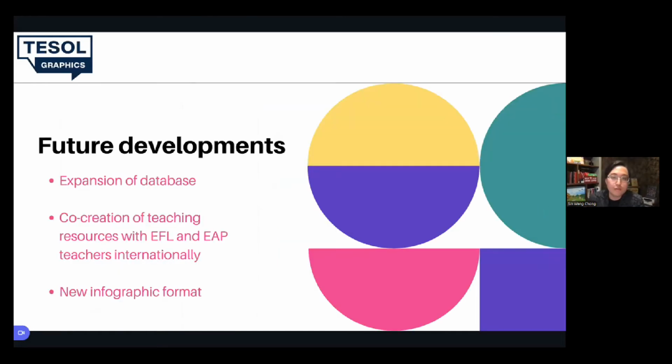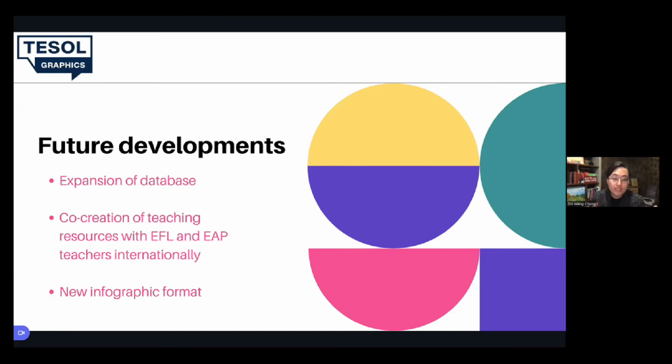And I'm going to end in 2 minutes. I'm so sorry about that. So for future developments, of course, we aim to continue to develop and expand the database. We see this as a long-term, sustainable project. At the same time, we're going to start phase number 2. In phase 2, we are going to co-create teaching resources, lesson plans, and materials with English teachers, EAP teachers, EFL teachers around the world, to work with them really.